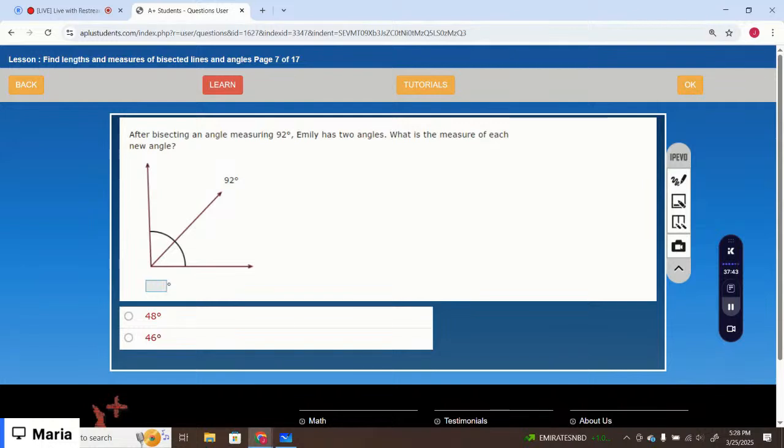After bisecting an angle measuring 92 degrees, Emily has two angles. What is the measure of each new angle? 92 divided by 2 is 48 degrees. Sorry, 46 degrees. Option number 2 is the correct option.